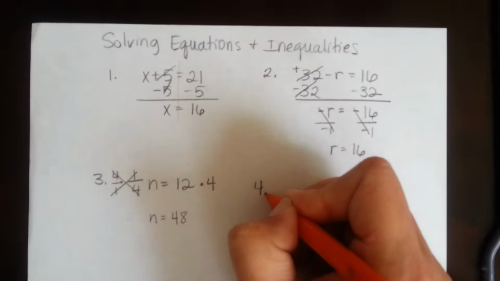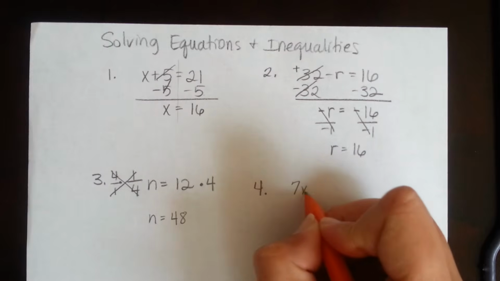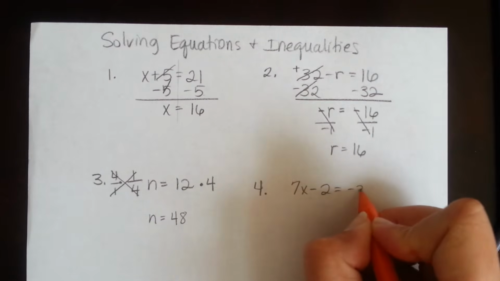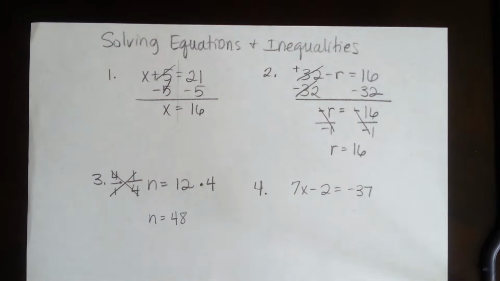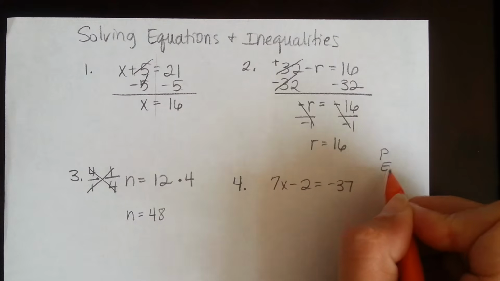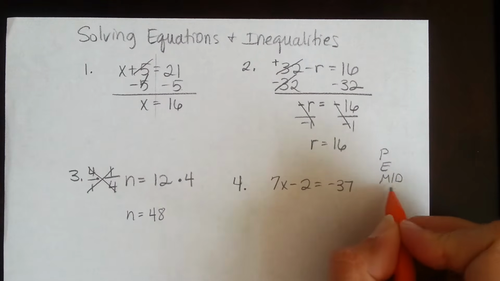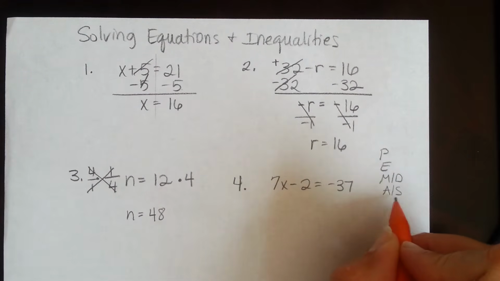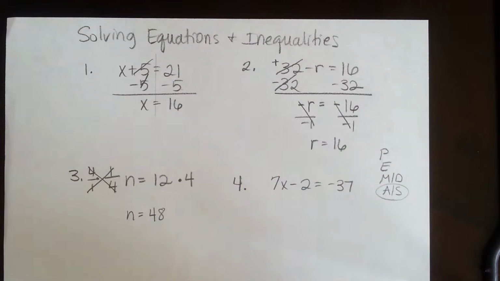Number 4. We have 7x minus 2 equals negative 37. Remember, we said order of operations would be worked backwards, so we would think about our order of operations: parentheses, exponents, multiplication, division, or addition, subtraction. First, we want to take any add or subtract.